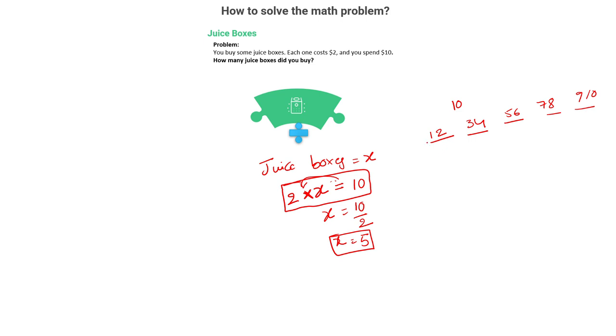If I divide 10 into groups of 2, I get 5. Or simply you can say 10 divided by the cost of each one, which is 2. That's the reason I got 5. So my total is 10, each one is 2 and the unknown is x. That's why I got x equals 5.